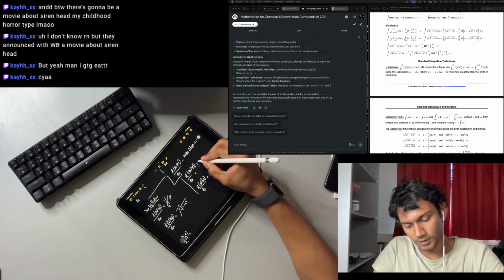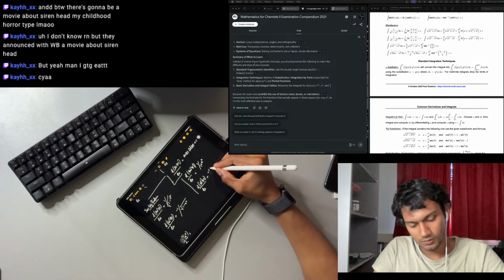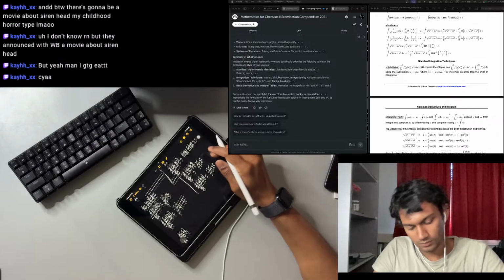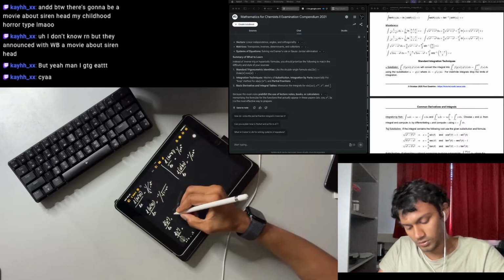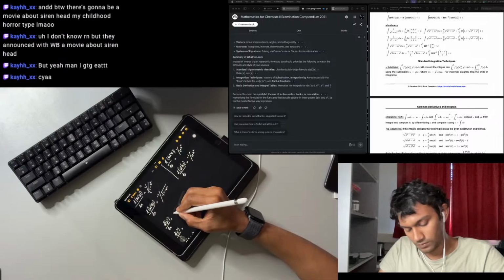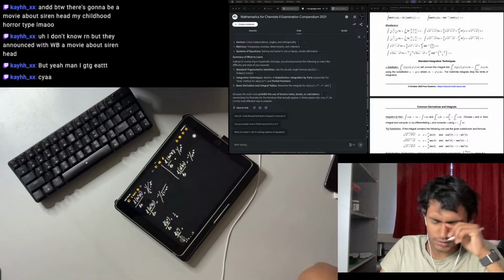Tan inverse, 1 by 1 plus x squared. a raised to x, a raised to x derivative.